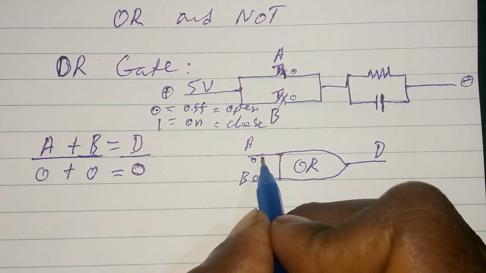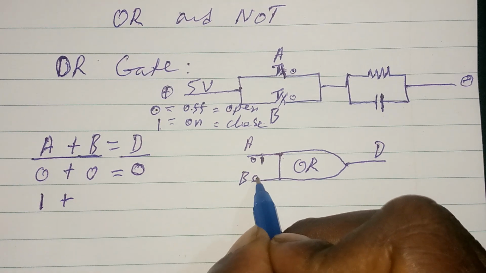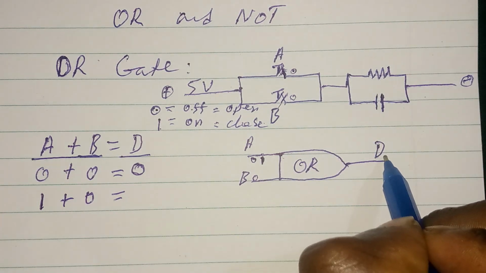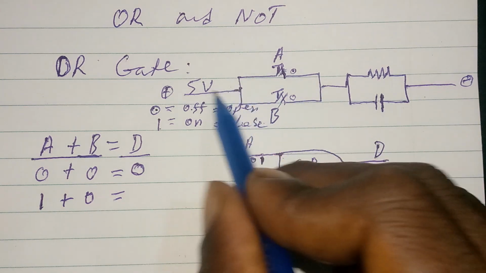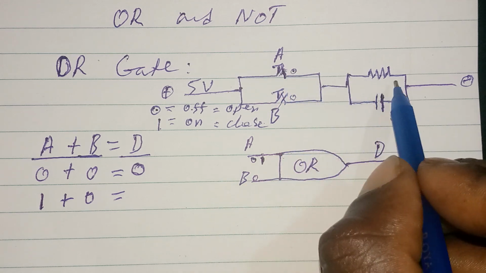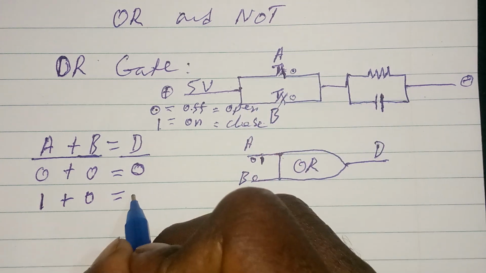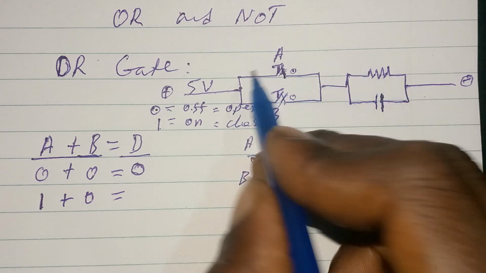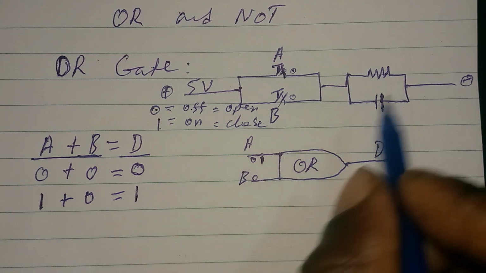So there is still going to be an output of 1 here because the voltage will pass through switch A and then switch on the circuit despite switch B being open. So since there is power to the circuit when switch A is closed, then we have here 1 because there is going to be an output.